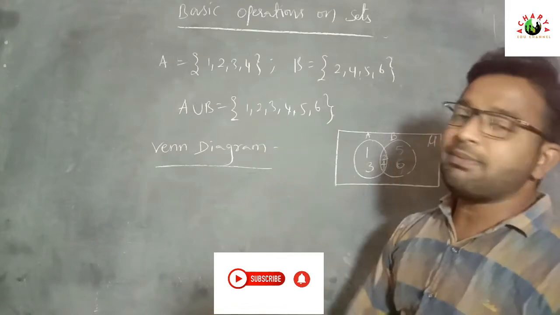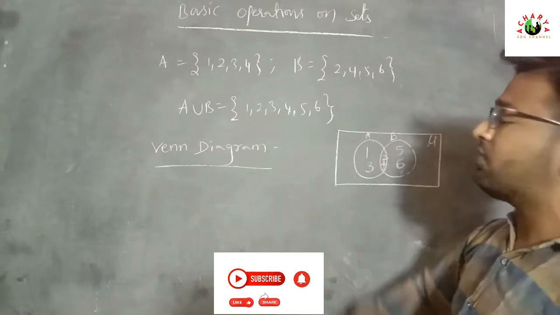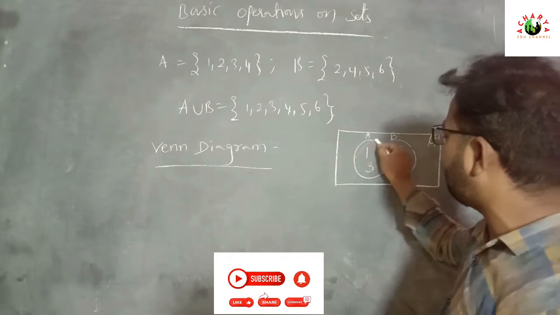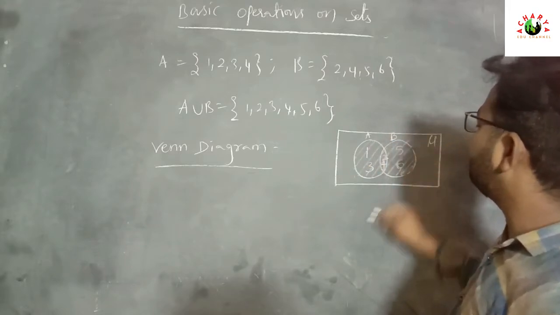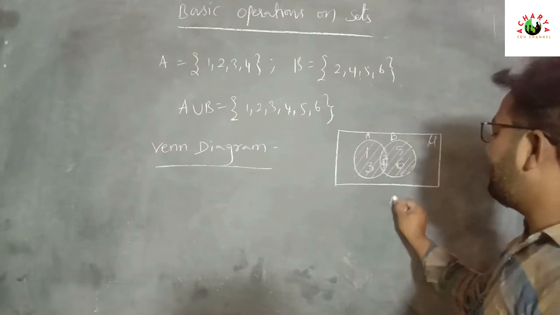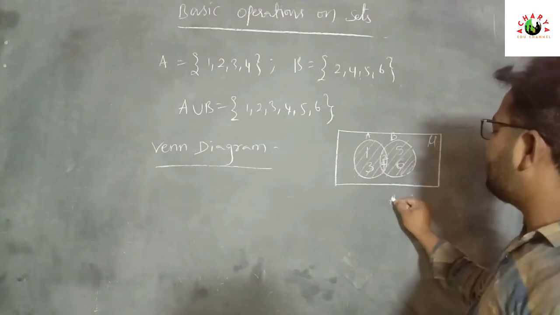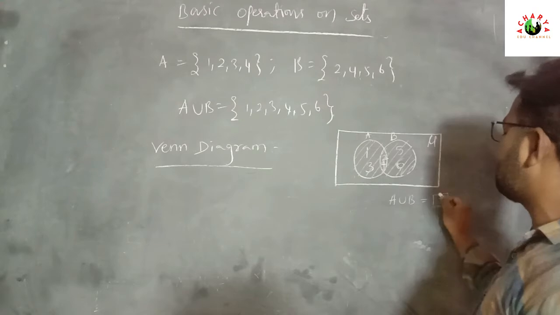So A union B is equal to 1, 2, 3, 4, 5, 6. So we shade all of 1, 2, 3, 4, 5, 6. Finally, A union B is equal to the shaded part.